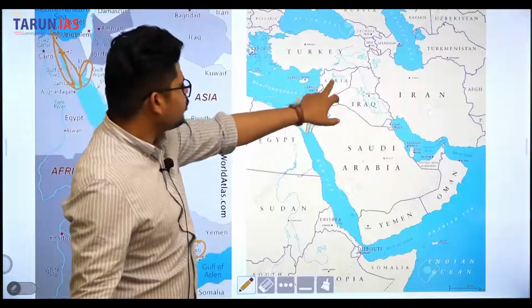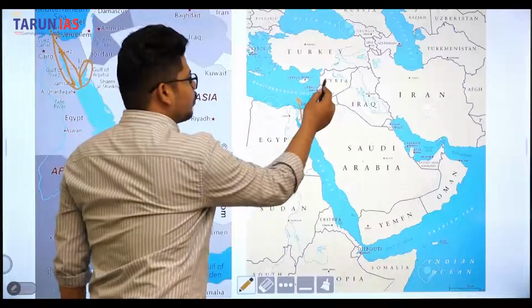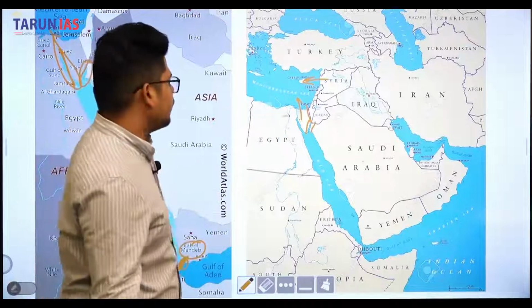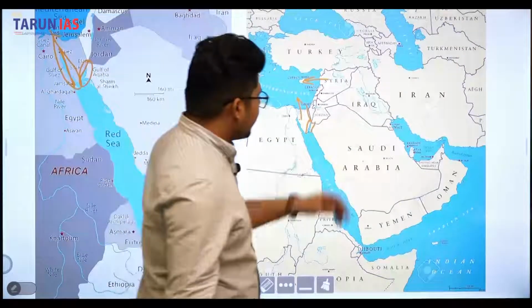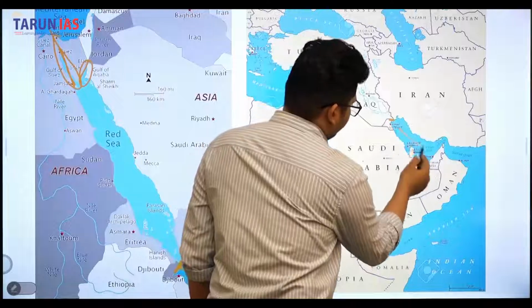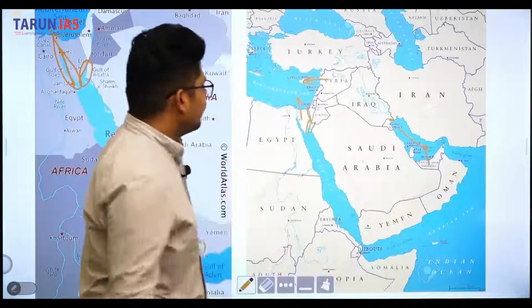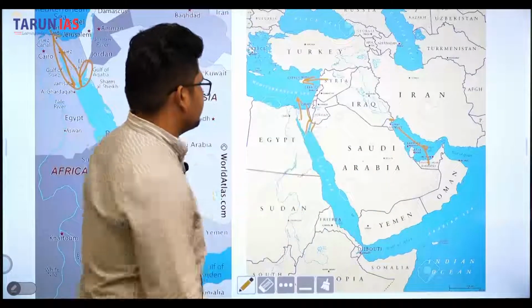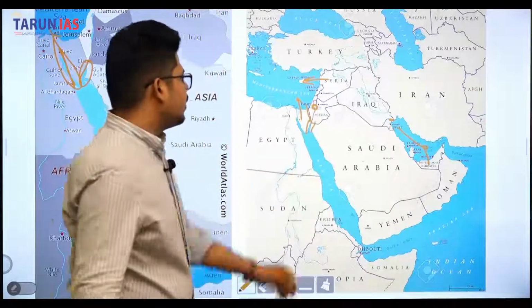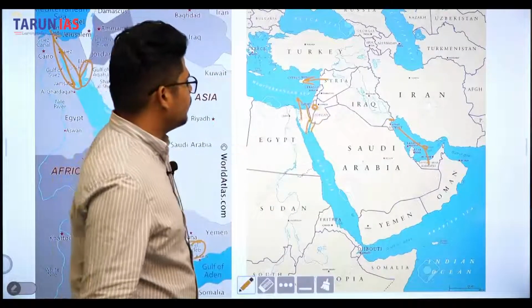Now Syria has ports on the Mediterranean Sea. Okay, this is an important point. Iraq has one very small area on the Persian Gulf. Okay? Jordan has a very small area of sea called the Dead Sea, but otherwise Jordan is landlocked. Okay?